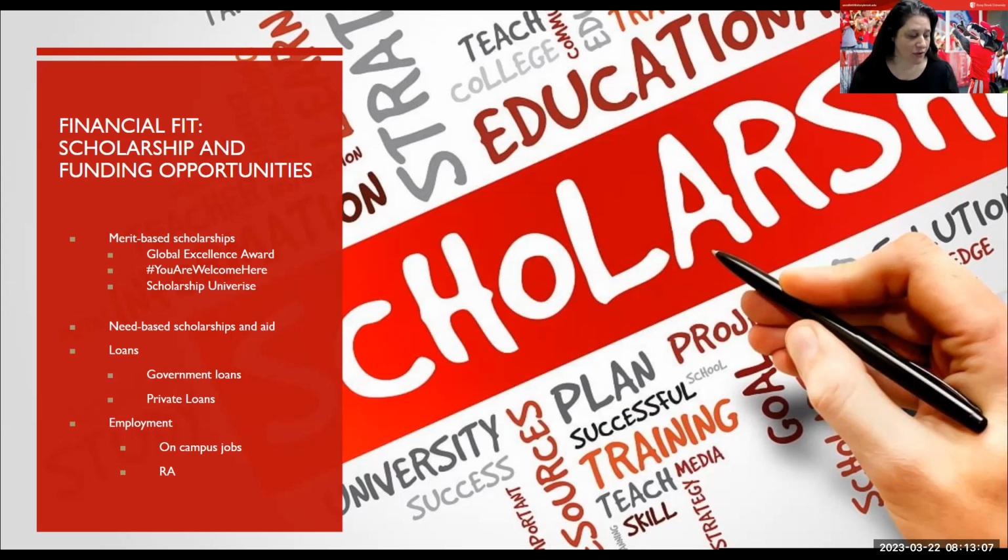Some other opportunities for funding on campus include on-campus jobs, and opportunities after you've been here a year to be what's called an RA, a resident assistant, which will allow for some discounted housing opportunities.